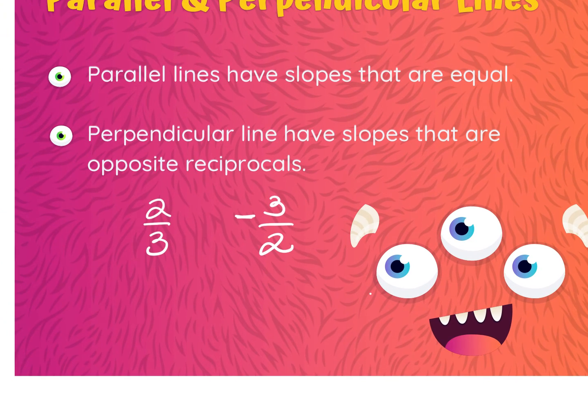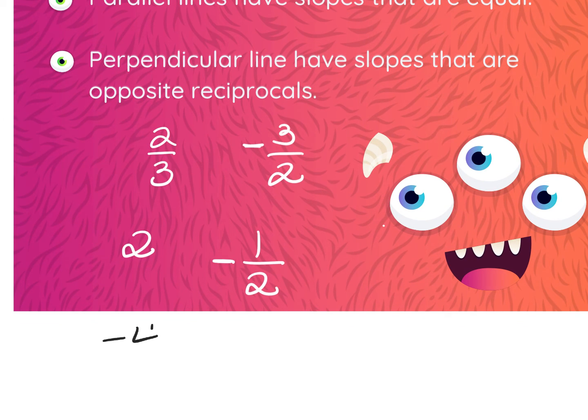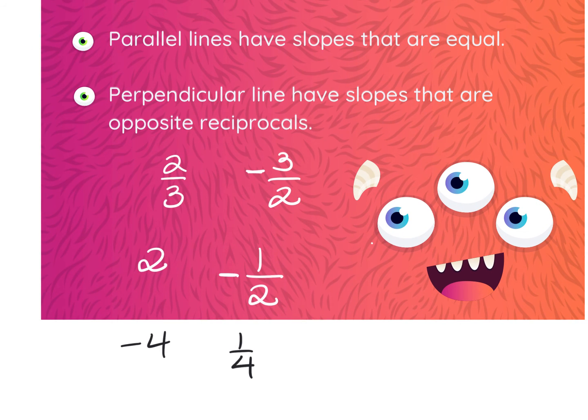If it's a whole number, let's say it's a 2, its opposite reciprocal would be 1/2 and then negative. So they're going to be opposite signs. If it starts out as being negative, let's say it's a -4, then the opposite reciprocal would be positive 1/4. Parallel, if I tell you the slope is 3, then the slope of the parallel line is going to be 3. So parallel lines have the same slope, perpendicular have opposite signs, and they're reciprocals.